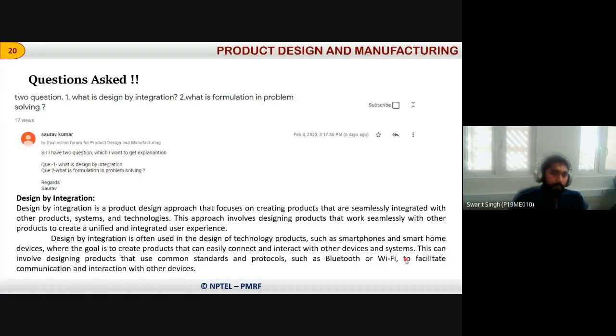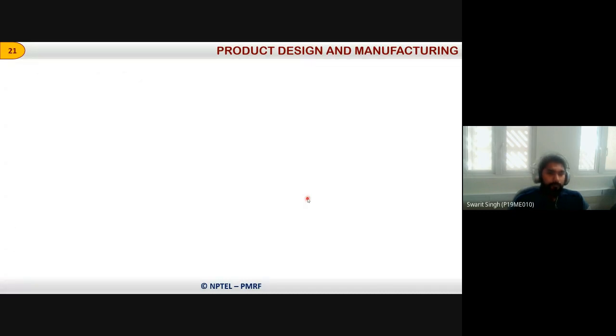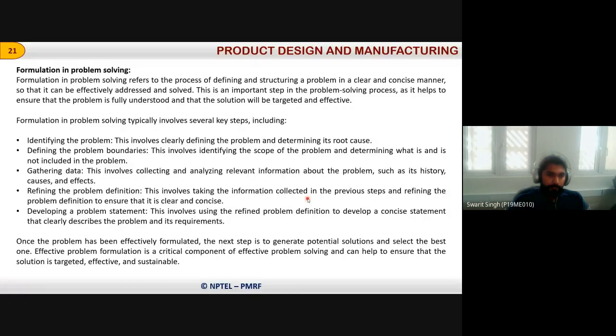Next is, what is formulation in problem solving? As we have already discussed the importance of formulation of a problem in product design. Formulation of problem solving refers to the process of defining the structure of a problem in a clear and concise manner.